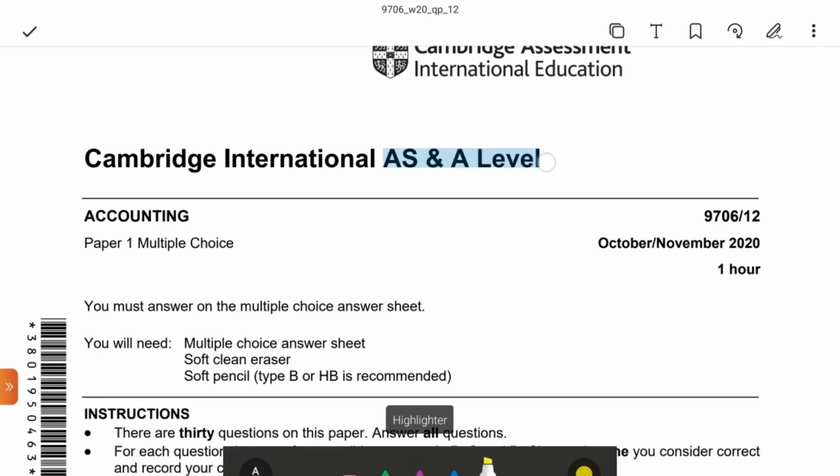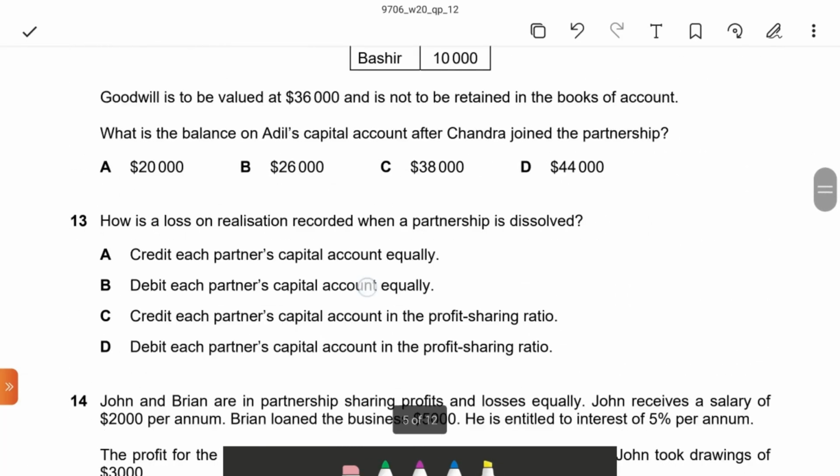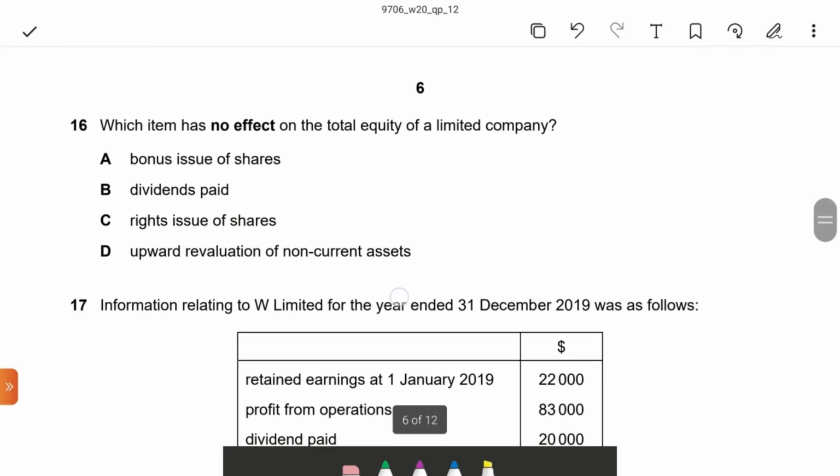AS level October-November paper 2020, paper 12, question number 16. Which item has no effect on the total equity of a limited company?